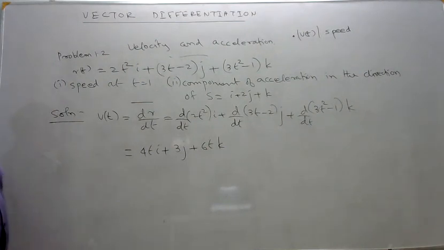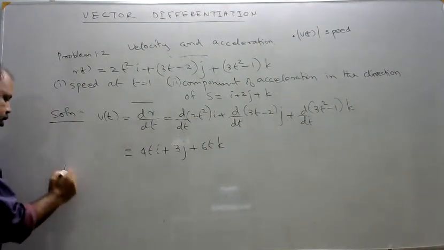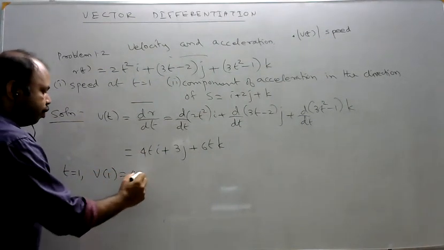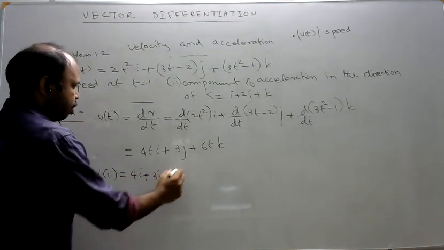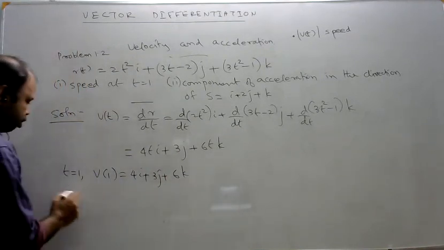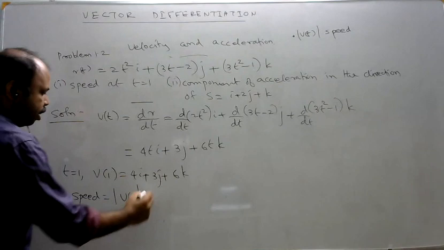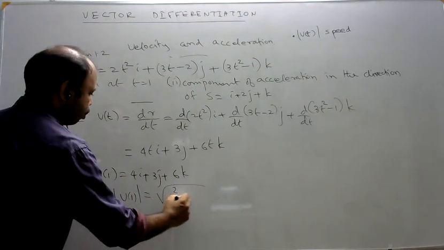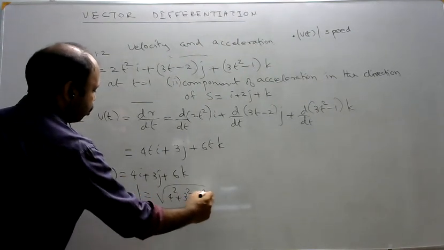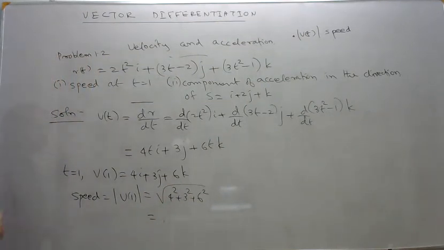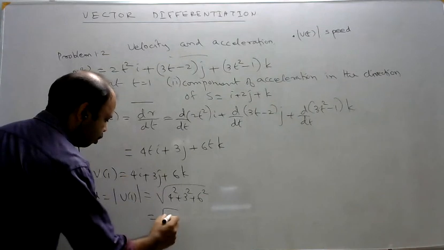We need the speed at t equal to 1. At t equal to 1, v of 1 is equal to 4i plus 3j plus 6k. So, speed is equal to modulus of v of 1, which is root of 4 square plus 3 square plus 6 square, which is root of 61.